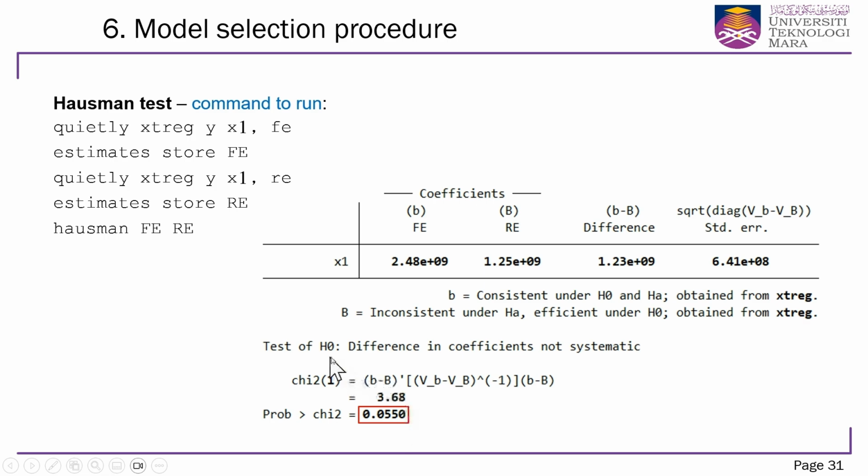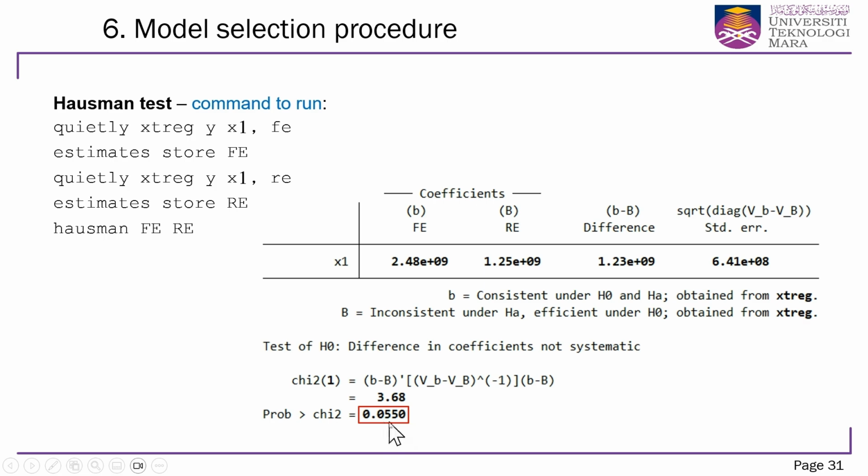Therefore, we cannot reject the null hypothesis, which means there is no difference between the two estimations, or the difference between the two estimations is not systematic. To interpret this finding, we can say that the unobserved factor simply exists at random and is not correlated with the regressors. Therefore, random effects is preferred when the result of Hausman test is not significant.